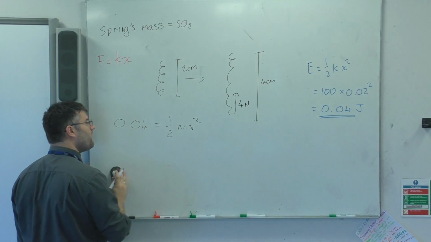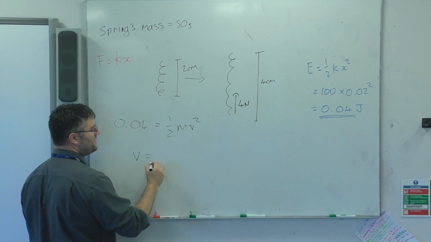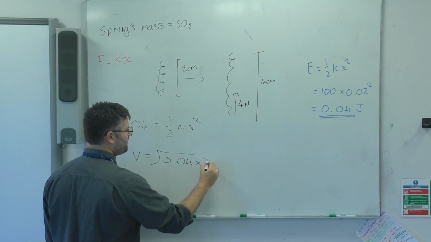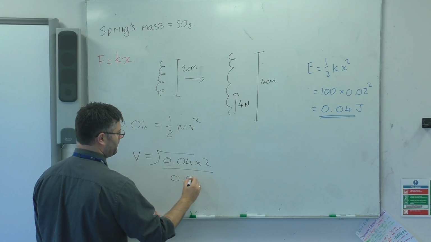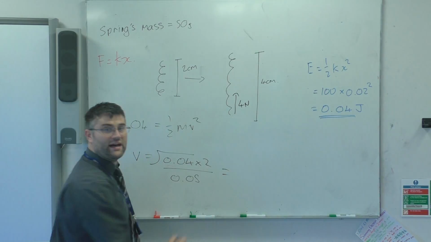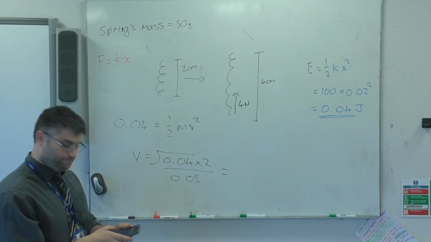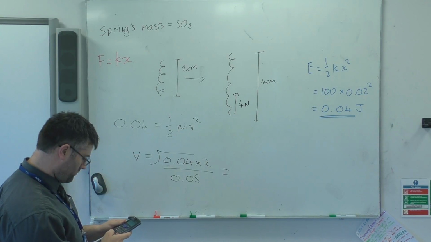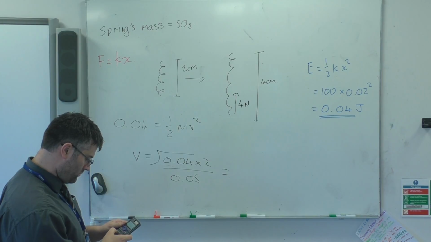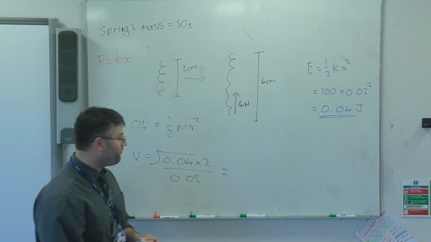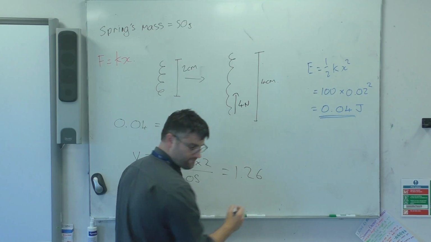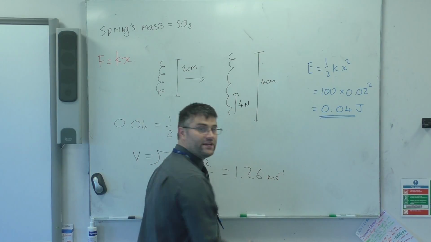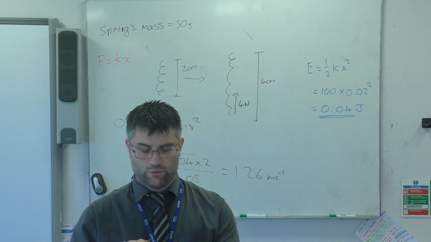Therefore, the max possible velocity we could have is v equals the square root of 0.04 times 2 divided by the mass, which is 0.05. And when we work that out, we should get an answer of 1.26. So that is the speed, and those are 4 calculations that you might use to do around springs.